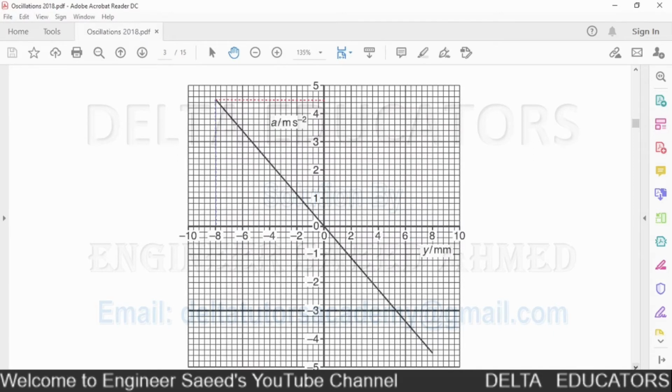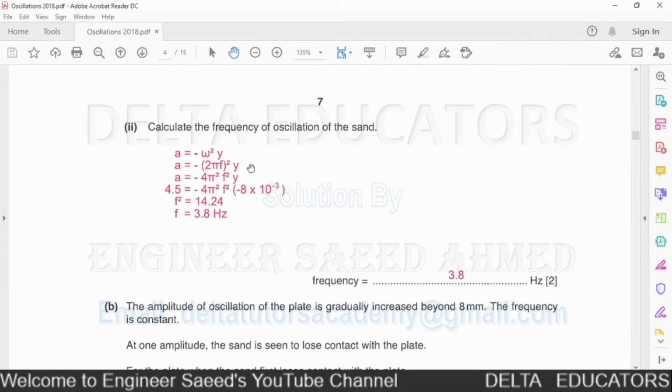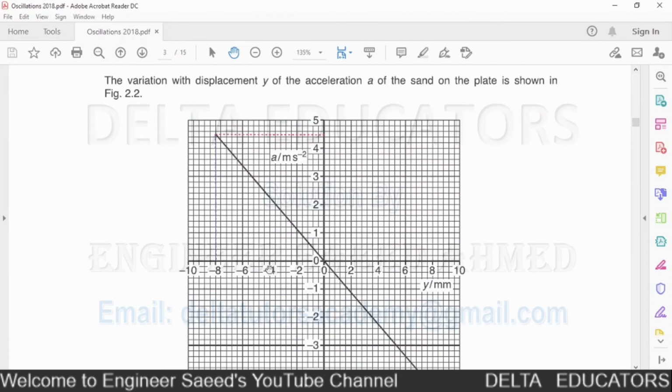But here we have to consider the displacement in meters. That's why we have to multiply 8 by 10 power minus 3. And why have we taken the negative sign? Here the displacement is on the negative axis. Here it is the positive axis, and this is the negative axis.